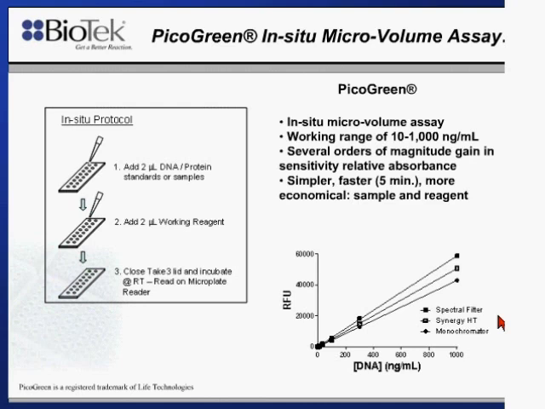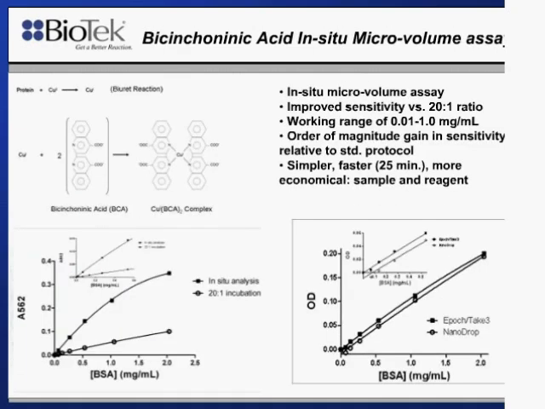Next, I'd like to spend a couple minutes discussing a second assay that we've adapted to microvolume, and this is the BCA assay. I'm sure most folks have probably used this if they've worked with proteins, and essentially this reaction requires the peptide bonds to reduce the copper, which then forms a complex that absorbs at 562 nanometers.